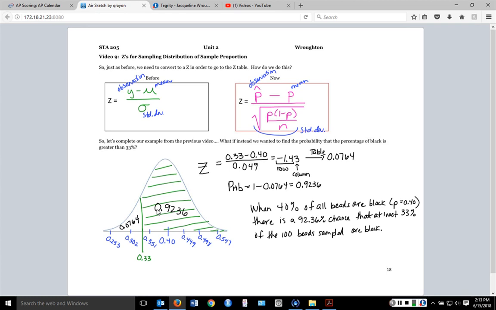So is it very likely to happen that you're going to get at least 33% black? Yep, there's a 92.36% chance that that's going to happen.